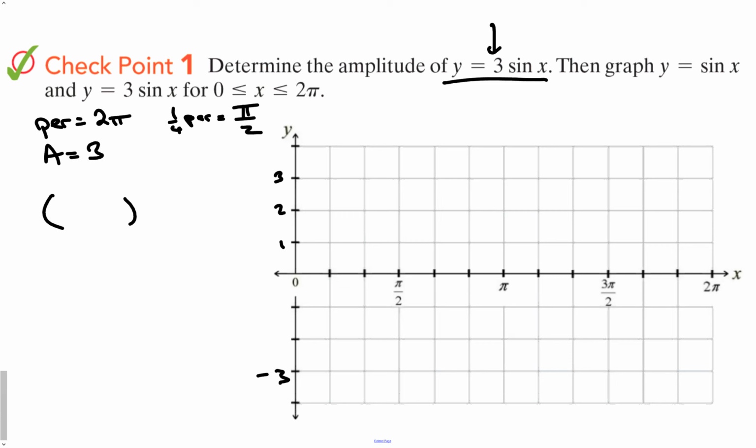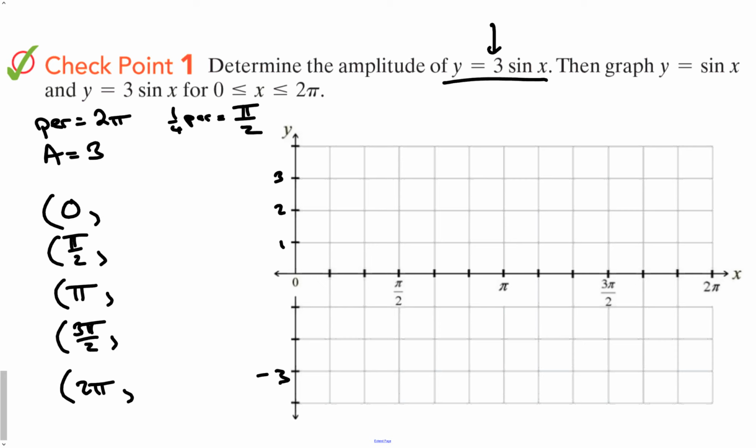So my 5 key points are going to be 0, pi over 2, pi, 3 pi over 2, and 2 pi.